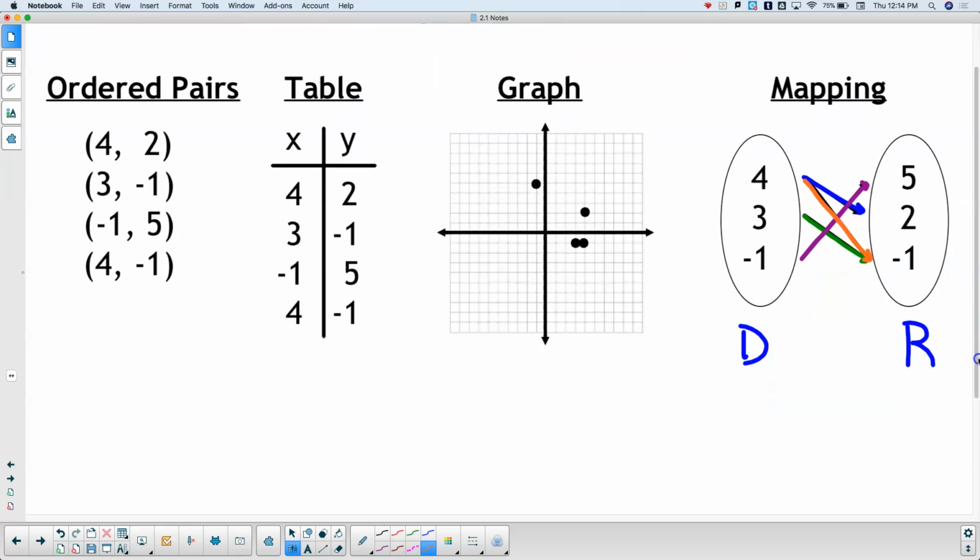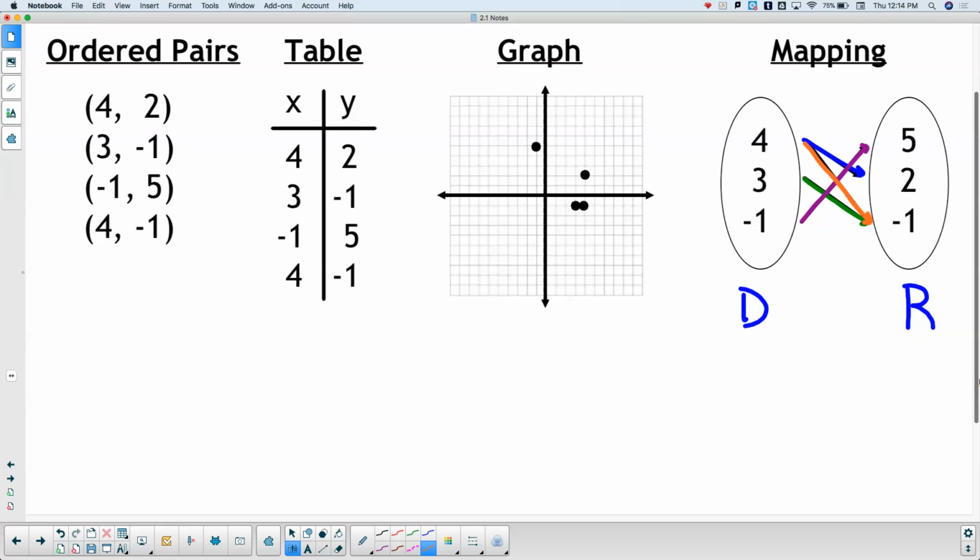For all of those representations, the domain, which we go by capital D, is -1, 3, and 4. Notice how when we're writing out the domain, we don't repeat any inputs. Yes, there are 2 4s in that input, but we don't repeat them.